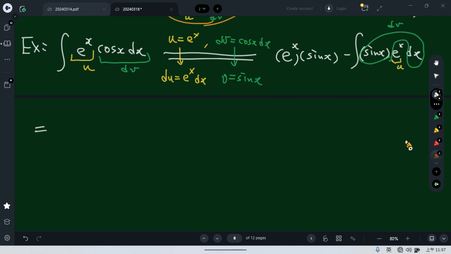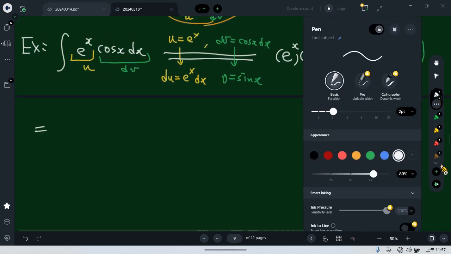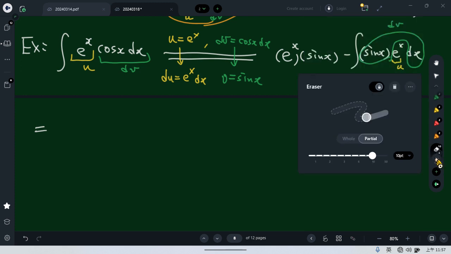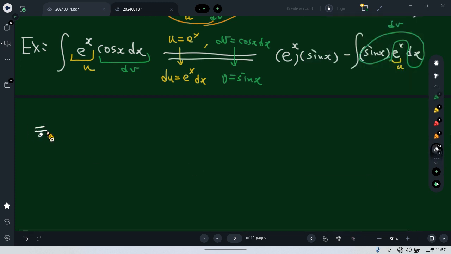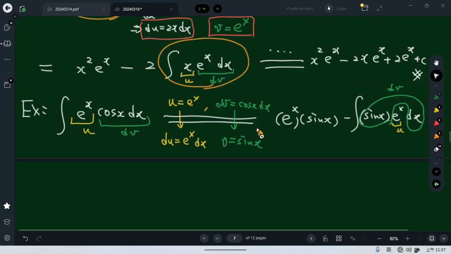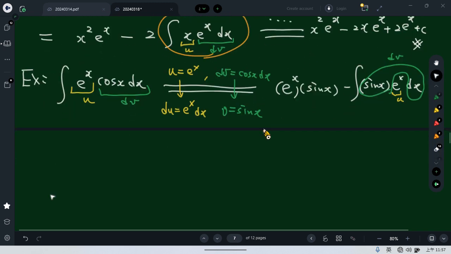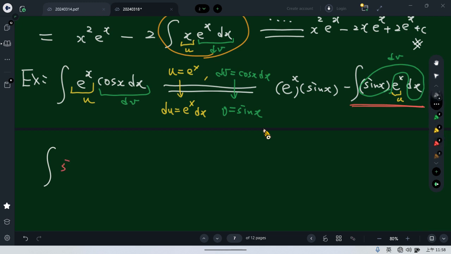Let me just focus on this part for you. Wait, let me just use the eraser. Okay, so this time I will only focus on integration. This time I focus on the integral of sine x e to the power of x dx.